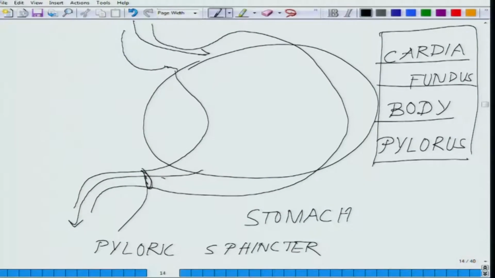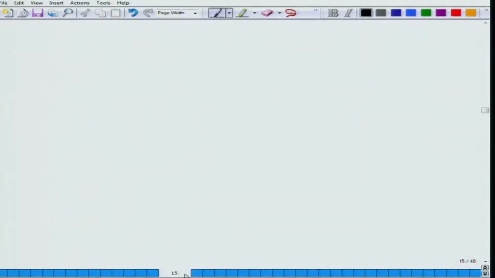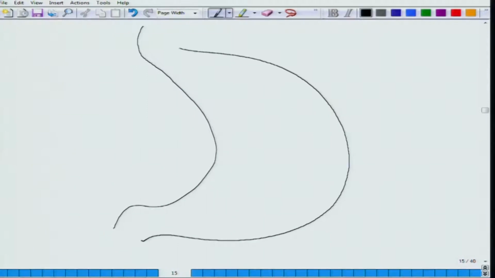So, let me redraw this so that I can label it all for you. Okay, fine. So, this is the entry port of the food. This is the esophagus.